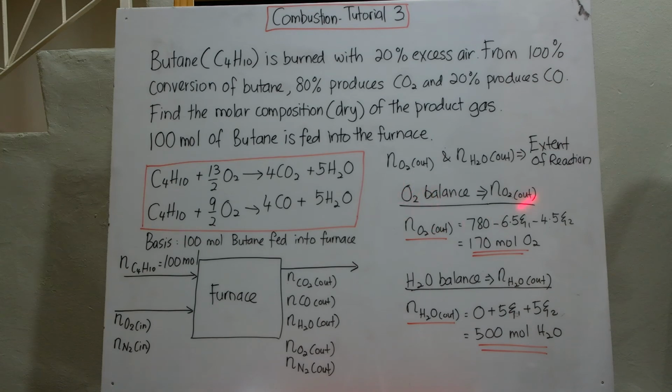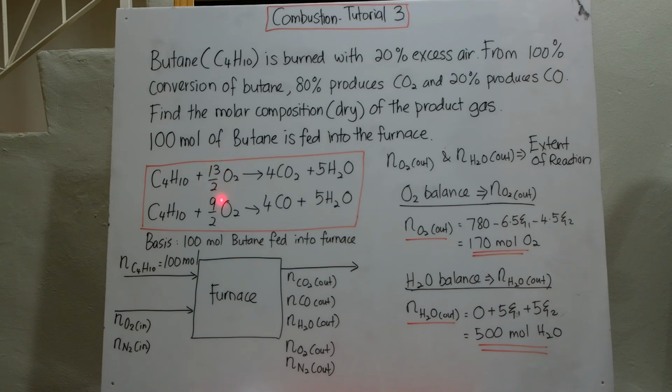So now we find the O2 balance since we already have extent of reaction 1 and 2. O2 out is equivalent to 780 that is fed into the process, minus 6.5 times extent of reaction 1, minus 4.5 times extent of reaction 2, because O2 is being used in reaction 1 and reaction 2.